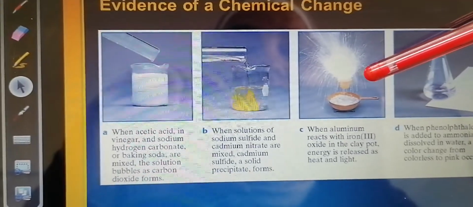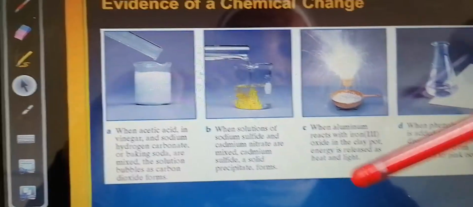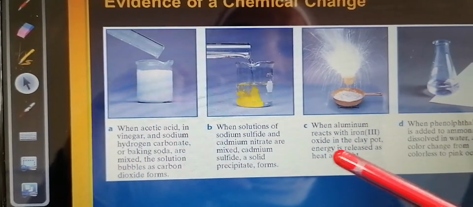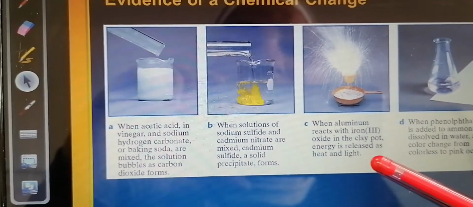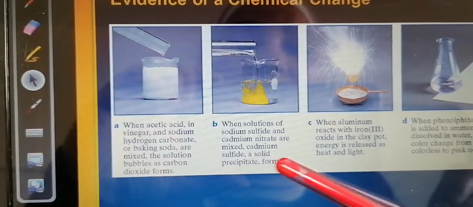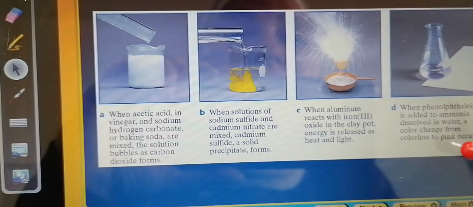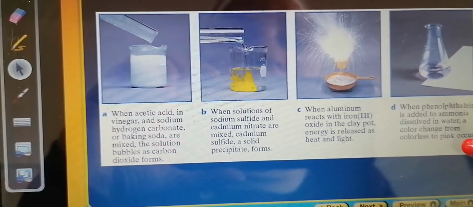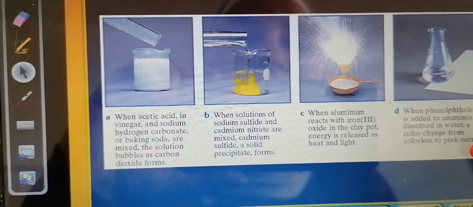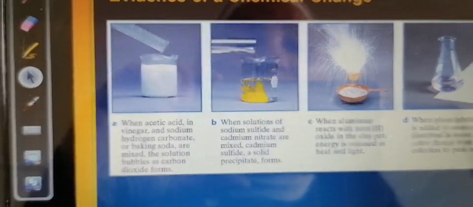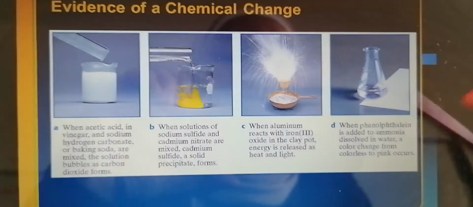Here we have release of heat and energy. Okay, and this is in your book. So if you just underline these: release of heat and light, precipitate forms, bubbles over here, and then change in color. Change in color means that you have a chemical change.